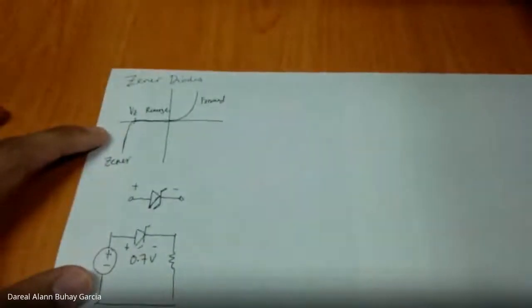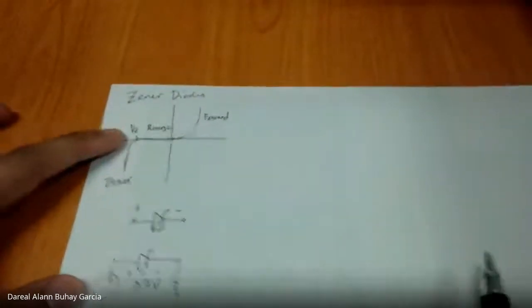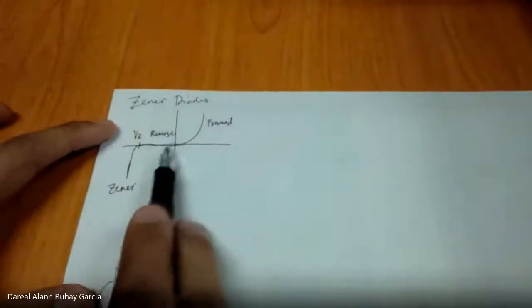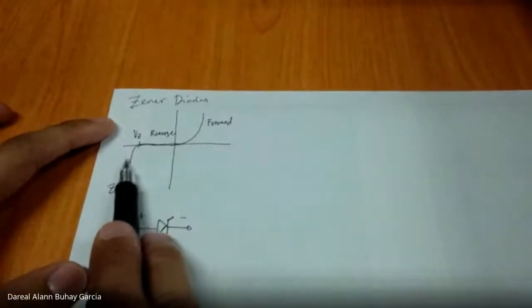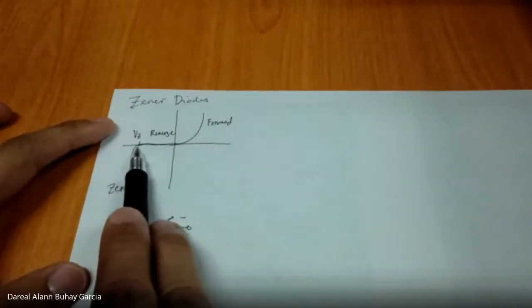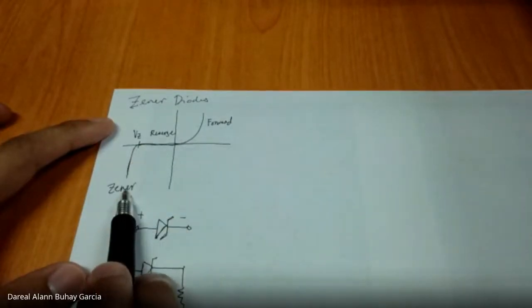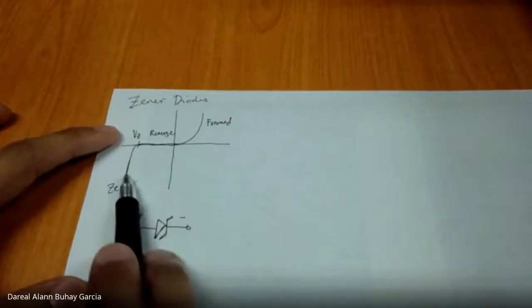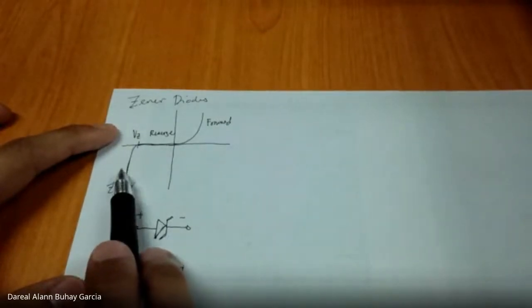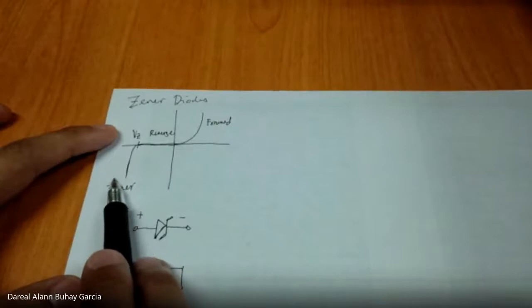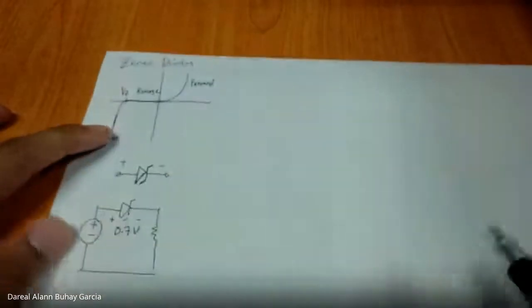But then again, based on the characteristic curve, our Zener diode operates in this region, in reverse bias mode, and at this point, once it reaches the value VZ, the Zener diode conducts. The effect is that it regulates the voltage, no?